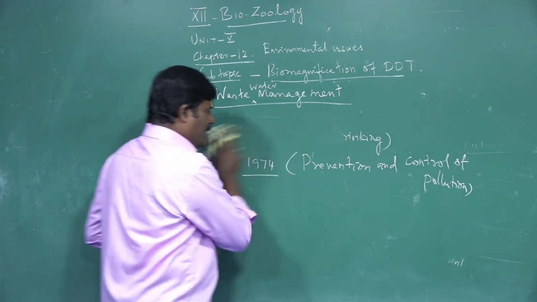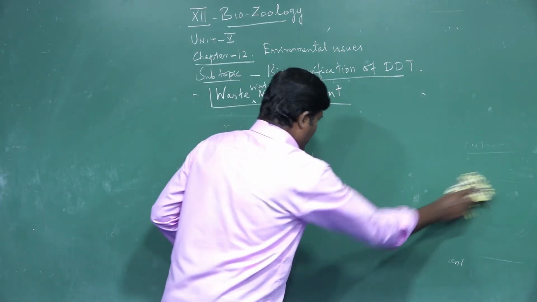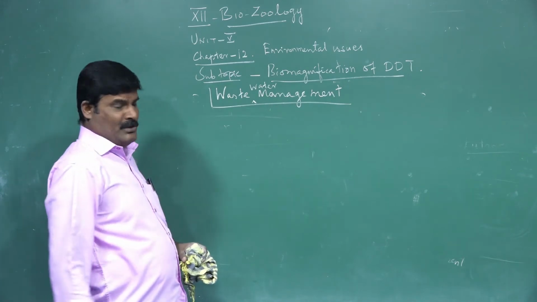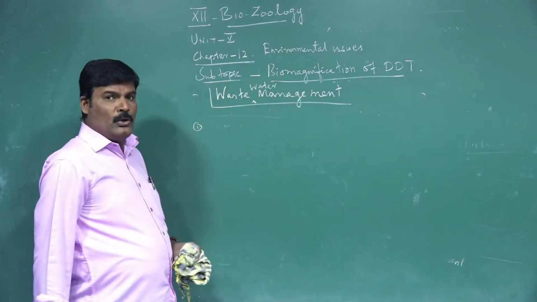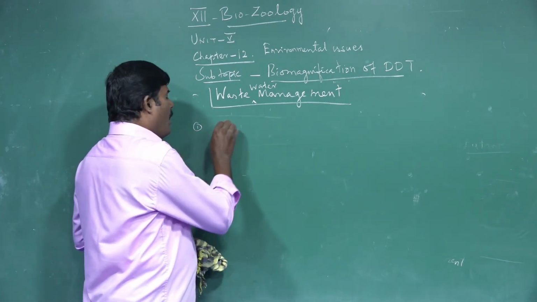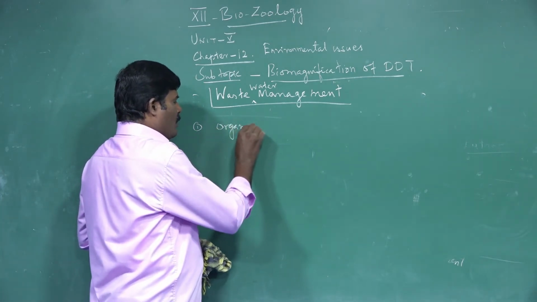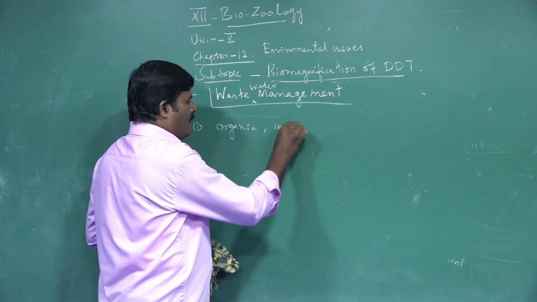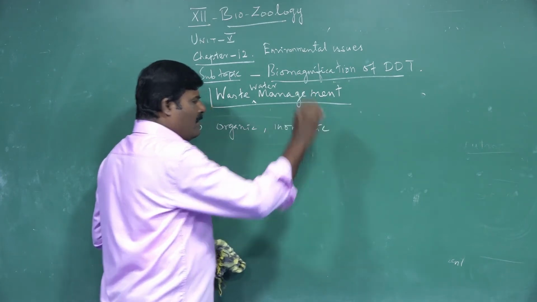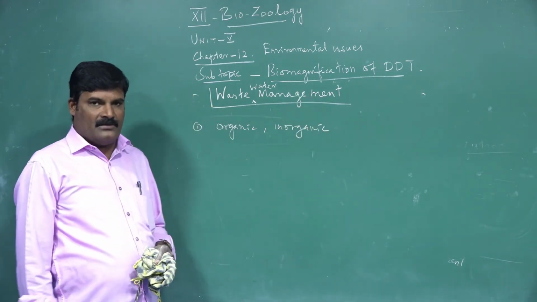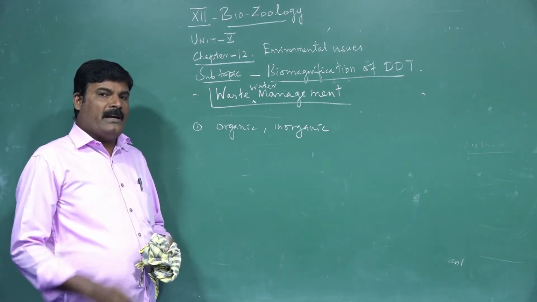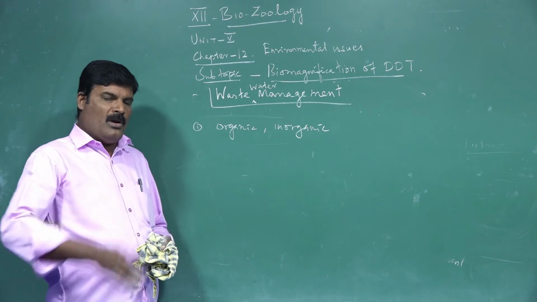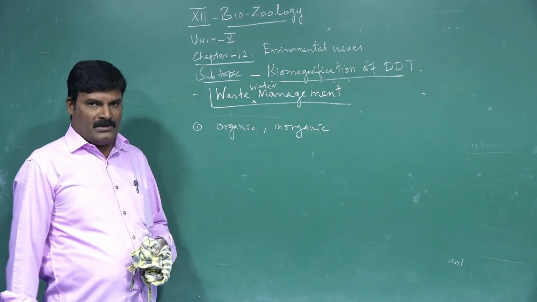What are the main objectives of wastewater treatment? It is a 3-mark question. The main objectives of wastewater treatment are to reduce the organic and inorganic components in wastewater to a level that no longer supports microbial growth.